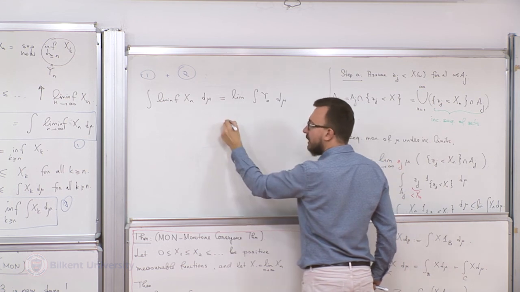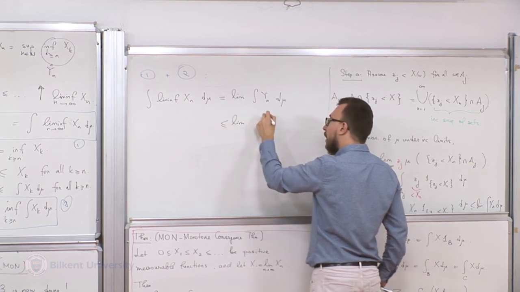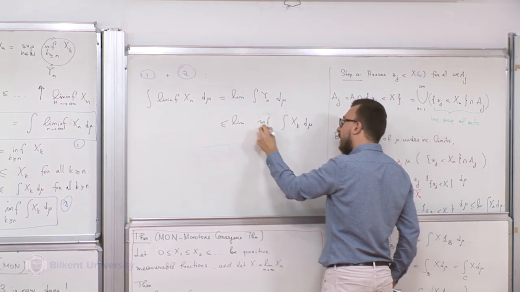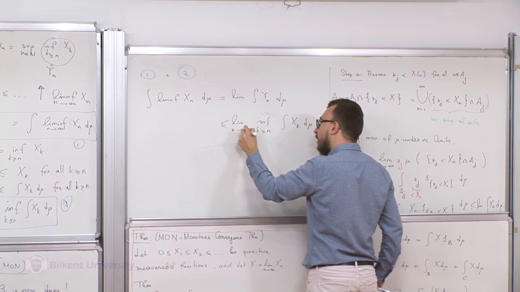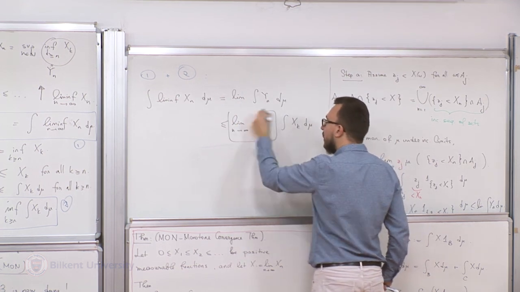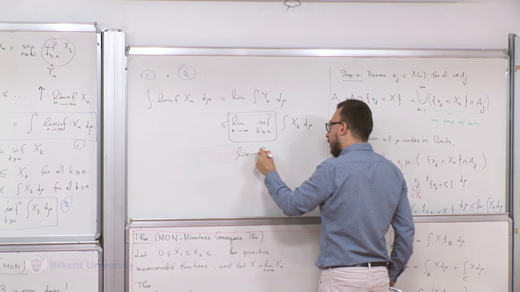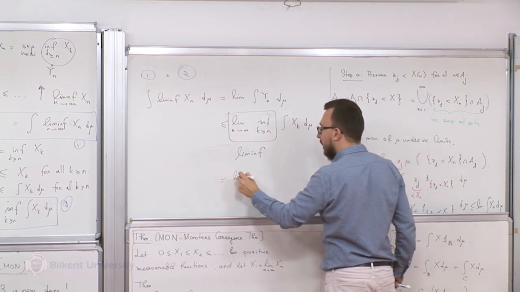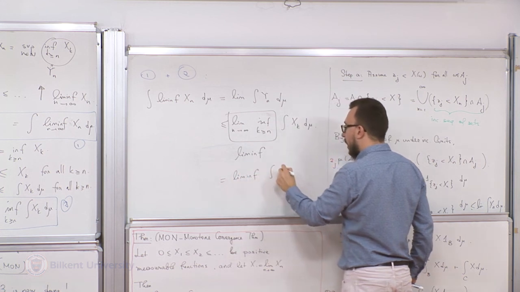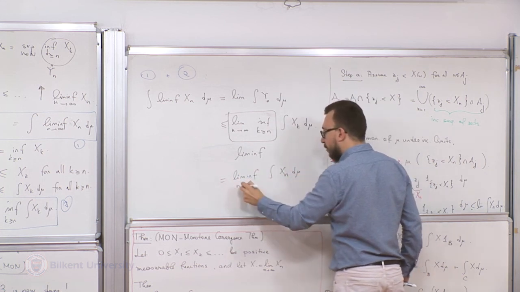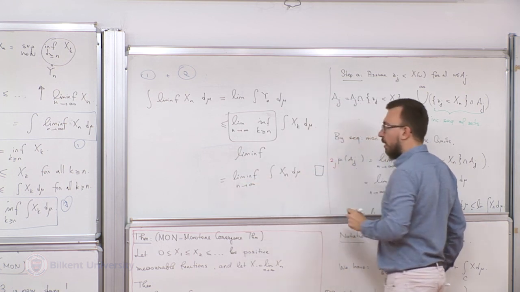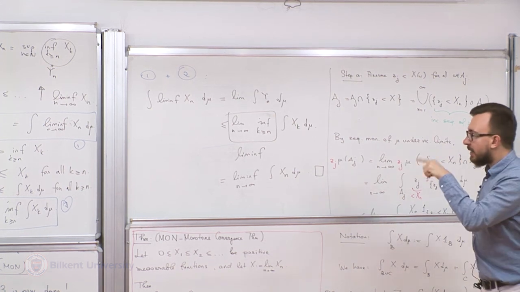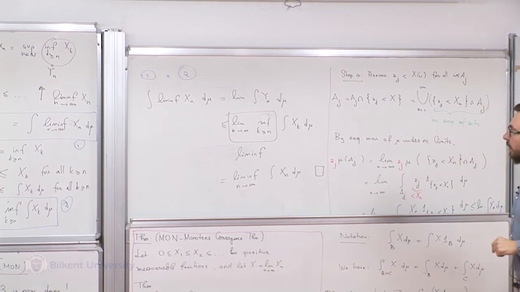Each integral of yn d mu is less than the inf of the integrals of xk d mu, k greater than n, and now n goes to infinity. And this is indeed the lim inf. So we can just write lim inf of the integral of xn d mu as n goes to infinity. Right? The integral of lim inf is less than the lim inf of the integrals.